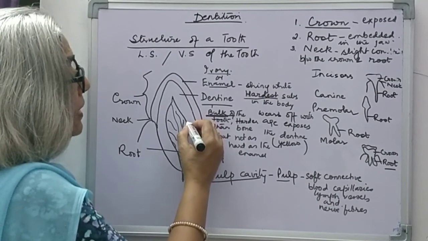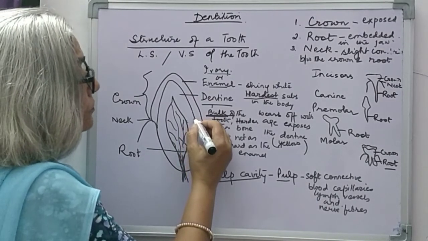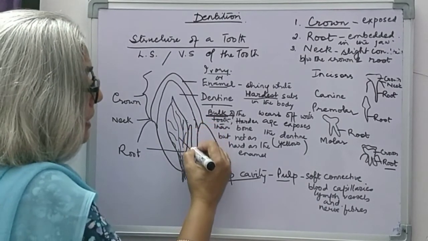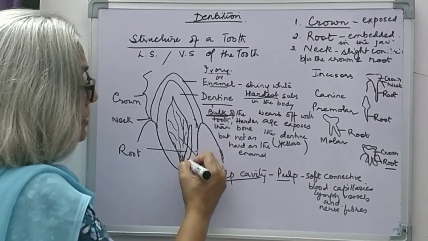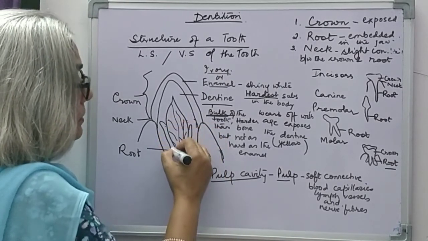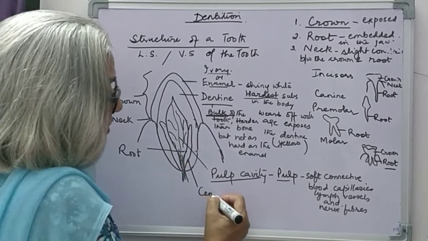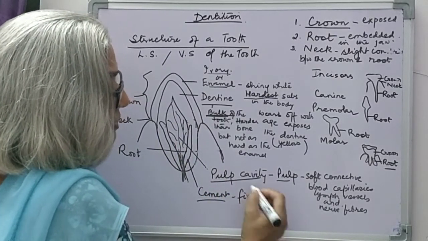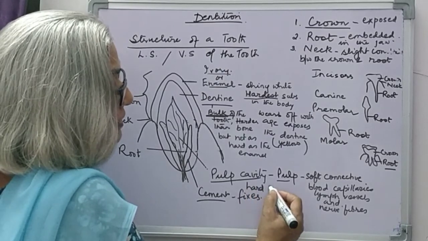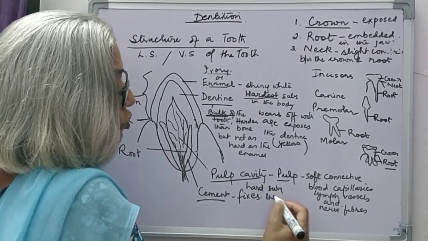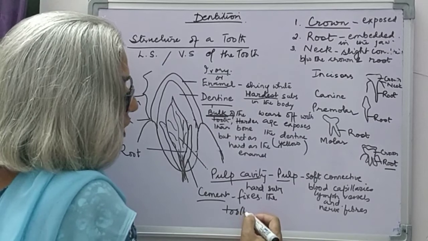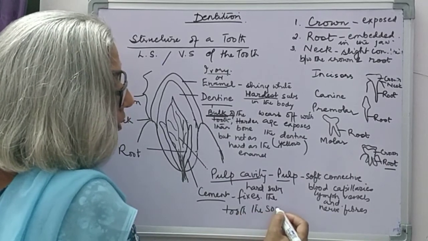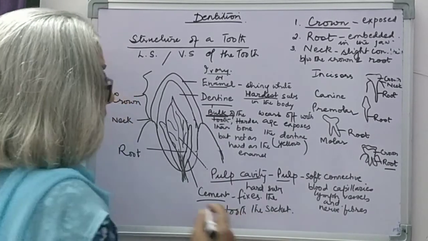Now at the base of the tooth, there is another hard substance called cement, which fixes the tooth in the socket so that it can stay in its place.